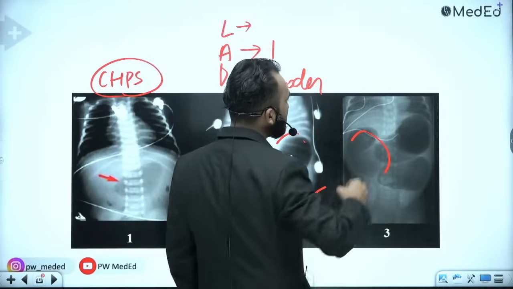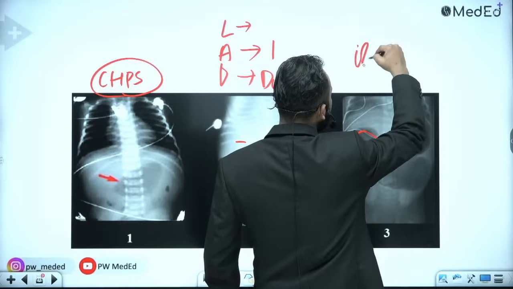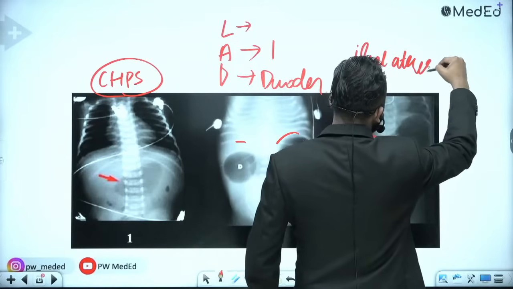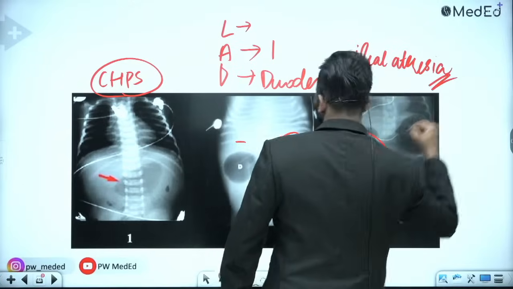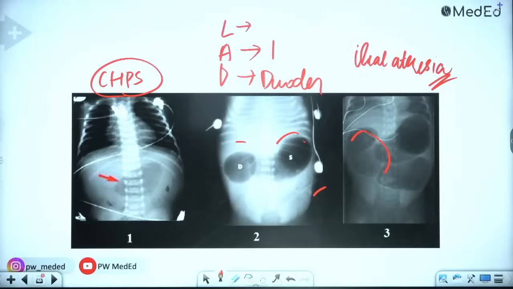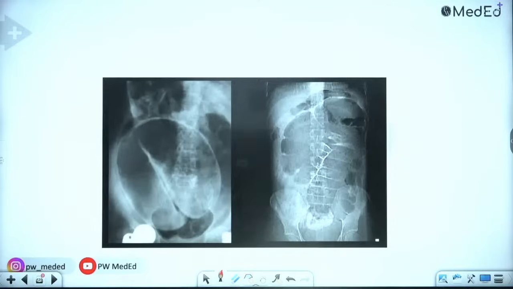And your triple bubble sign is present in ileal atresia, right? So these are your single bubble, double bubble and triple bubble signs.